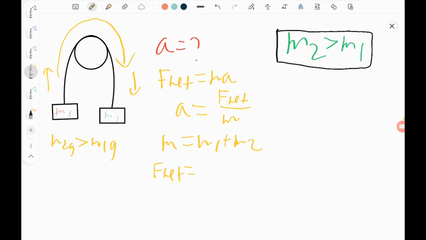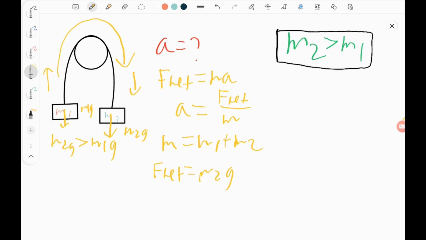So the driving force of the system is obviously going to be the gravity force from block 2 over here. So obviously M2G, the larger mass's weight force, is going to be the driving force of the system. But we can also see here that the gravity force from block 1, M1G, is in the opposite direction of the acceleration.